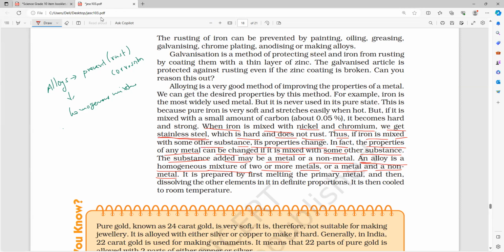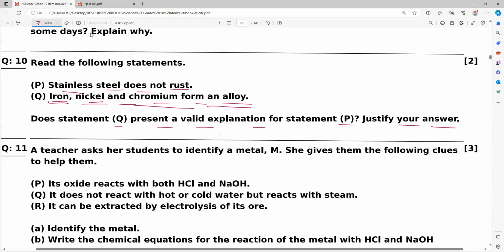So what is your answer, everybody? Yes or no? Does statement Q present a valid explanation for statement P? Justify your answer. It does or it does not? Yes, sir. So yes, it does. So what is the reason?